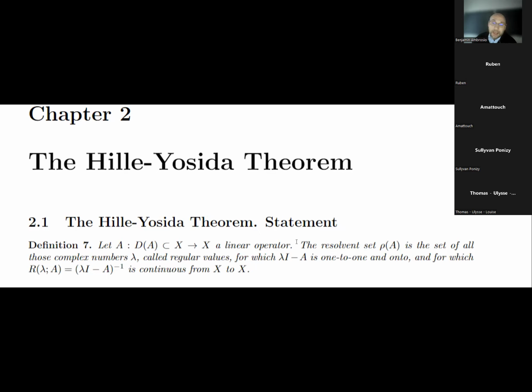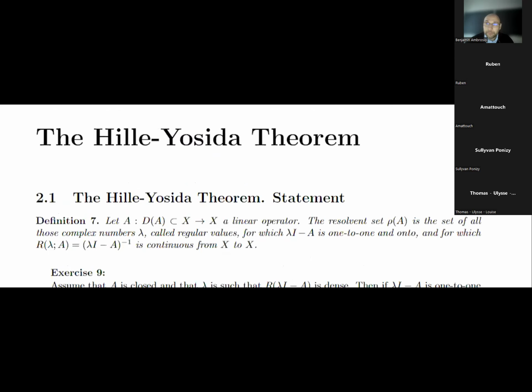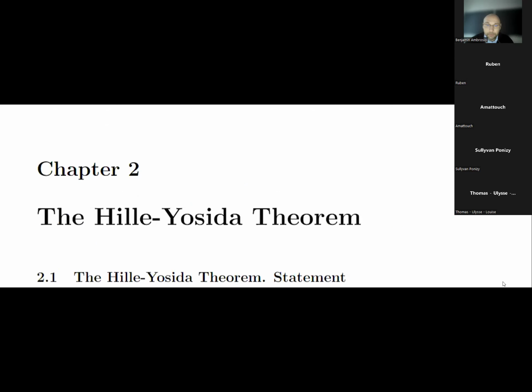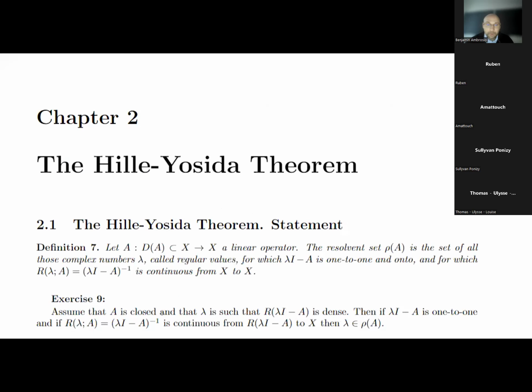But in an infinite dimensional setting, you need to put those as conditions. So we call lambda a regular value if lambda I minus A is 1-to-1 or injective, onto or surjective, and furthermore, you can define the inverse, which is continuous or bounded from X to X. Sometimes in some books, you can find a different definition for that, so I suggest you look about it.